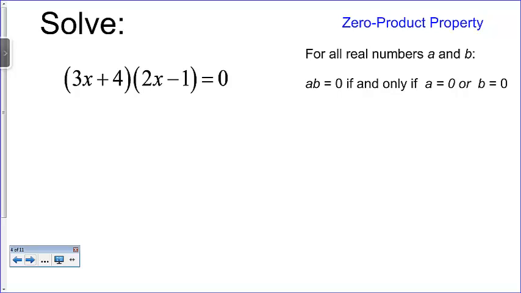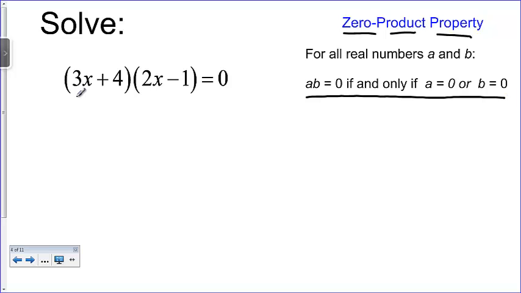Okay, let's start with this pretty simple polynomial equation: (3x + 4)(2x - 1) = 0. Now this one's tailor-made for us to use the zero product property, which says ab equals 0 if and only if a equals 0 or b equals 0.